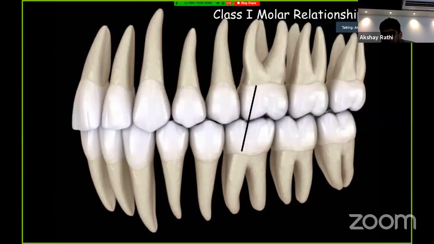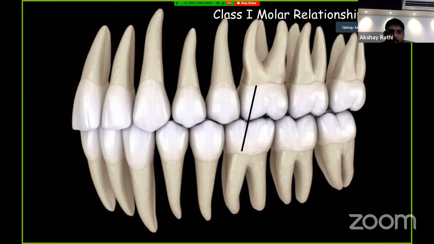When did you first use this concept? You first used this concept when you were doing teeth setting for complete dentures. So it's not something which is restricted to orthodontics. It comes across the segments. And this is the class 1 molar relationship.